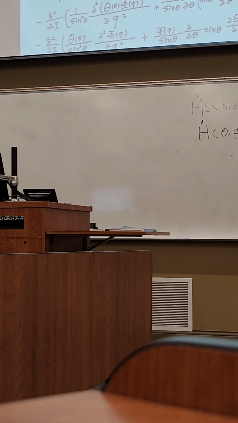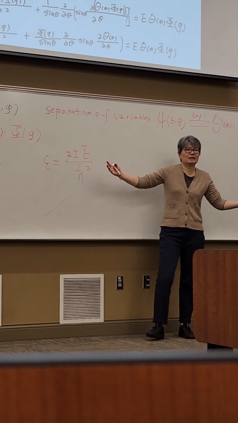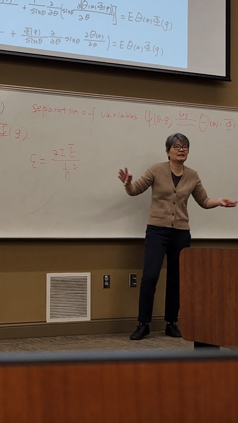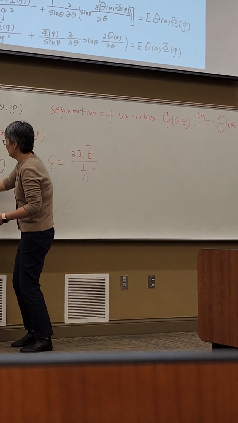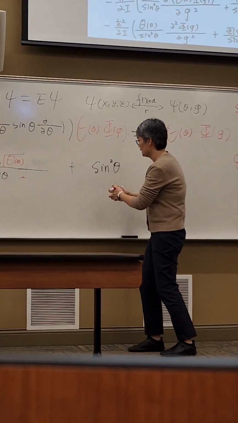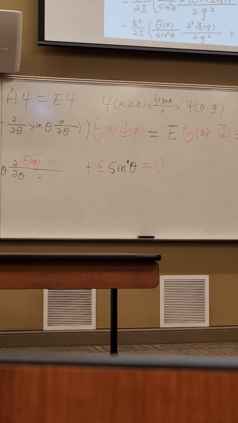So basically, we want to make this expression look simpler. We can substitute 2 times the moment of inertia times the energy of this three-dimensional rotational system over h bar using epsilon to represent it. It's really nothing fancy. It's just a substitution. So I can erase this and say this is just a constant equal to 0.